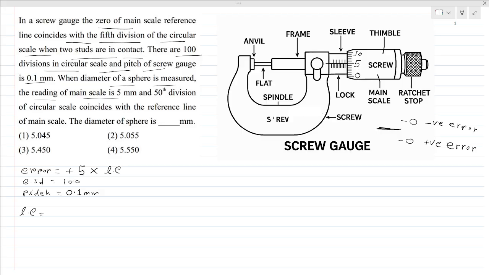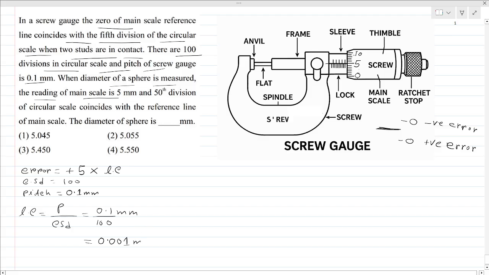The LC equals pitch divided by circular scale divisions. So the pitch is 0.1 millimeter divided by the circular scale divisions, which is 100. Then you can write 0.001 millimeter for the least count of the screw gauge given in the question.